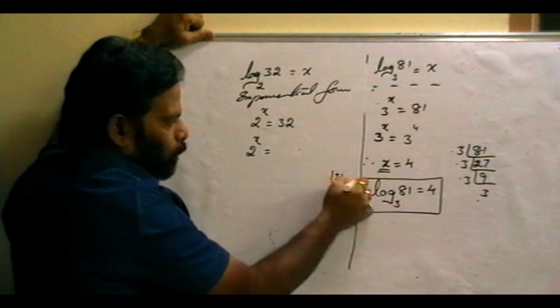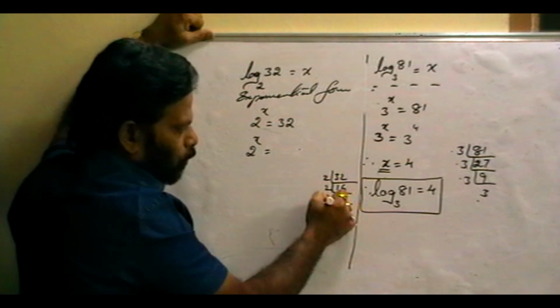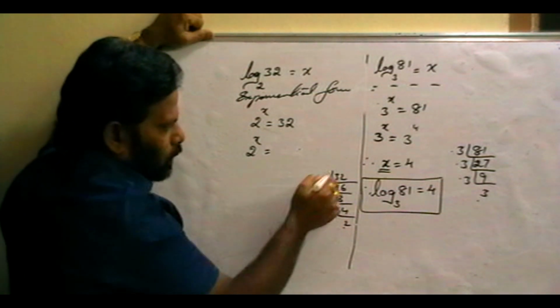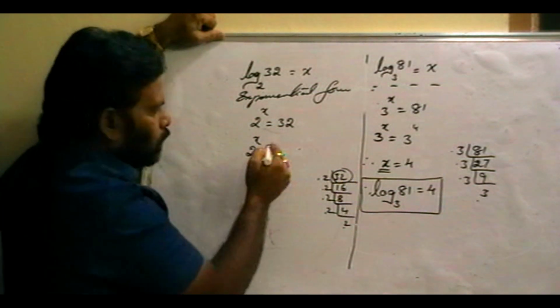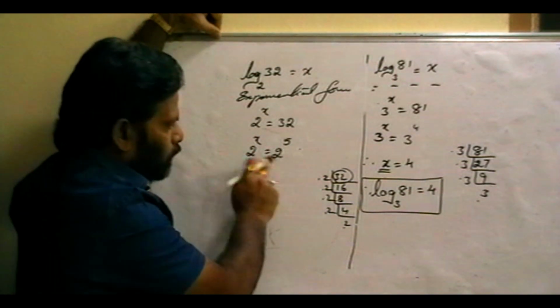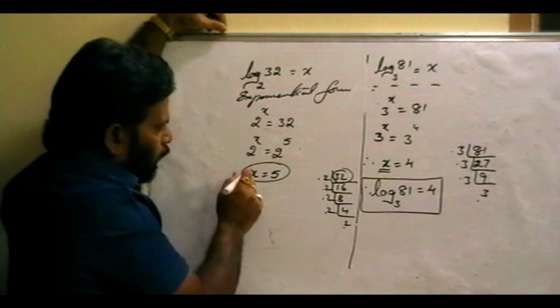32 again divided into prime factors. 2 16s are, 2 8s are, 2 4s are, again 2 2s are. So 1 2 3 4 5. So 32 means what? 2 is multiplied 5 times. So 2 to the power of 5 is equal to 32. On both sides the bases are equal, the powers should be equated. So x is equal to 5. But x means what?